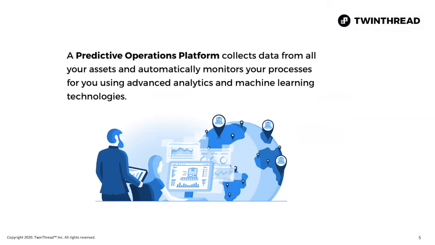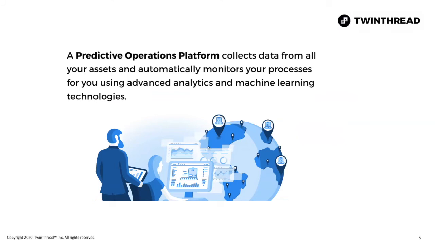So by having something like a predictive operations platform in place, you should be able to collect data from all the assets involved. And this isn't just the facilities-based assets like the HVAC system, for example. This is the actual process equipment and everything that you find within the four walls of an industrial facility.